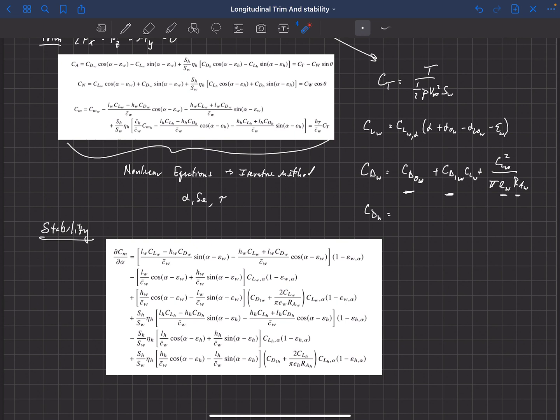And then we've also got the lift coefficient on the horizontal or on the wing that has an alpha embedded in it. And so you've got an alpha times an alpha here. Anyway, this is a very nonlinear equation as a function of alpha.